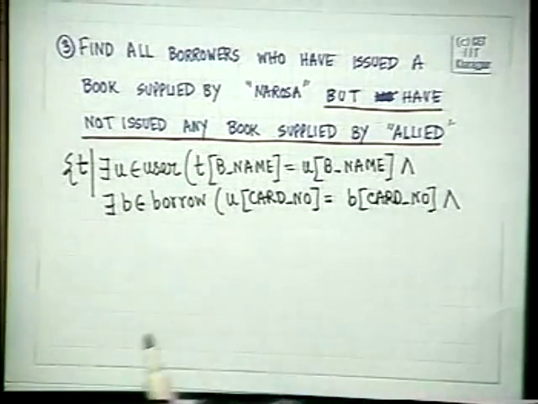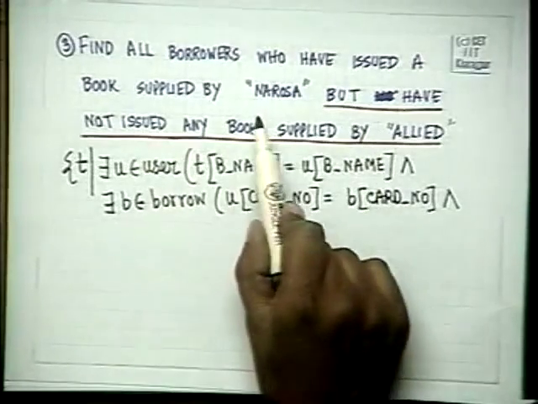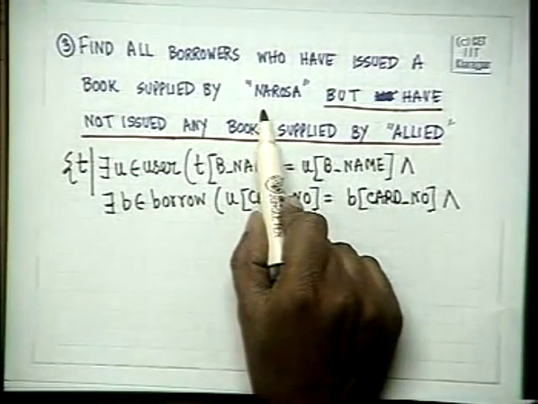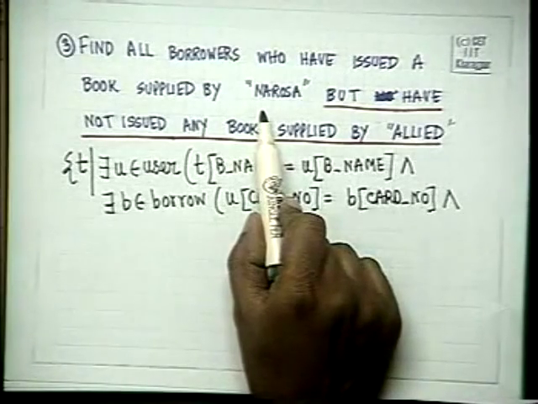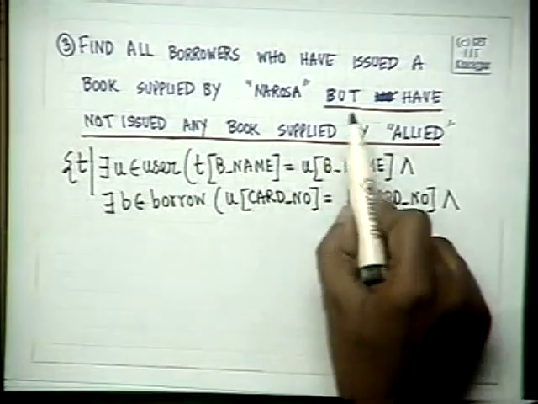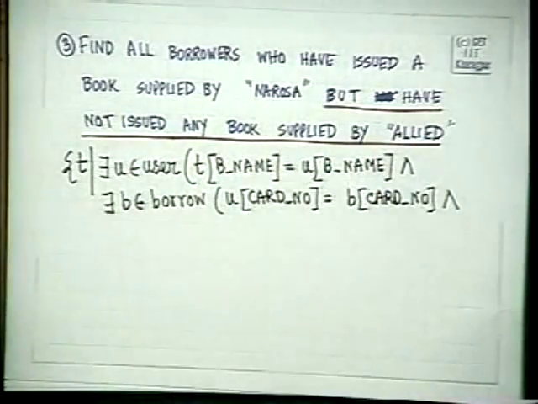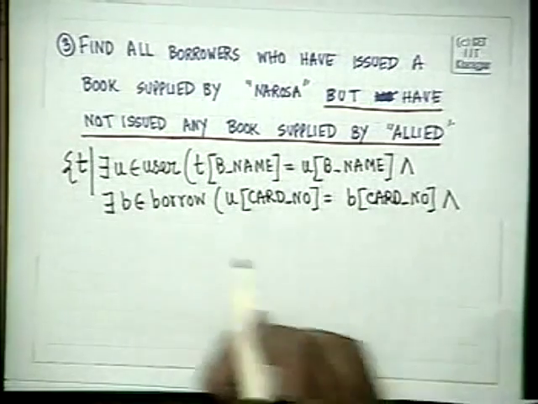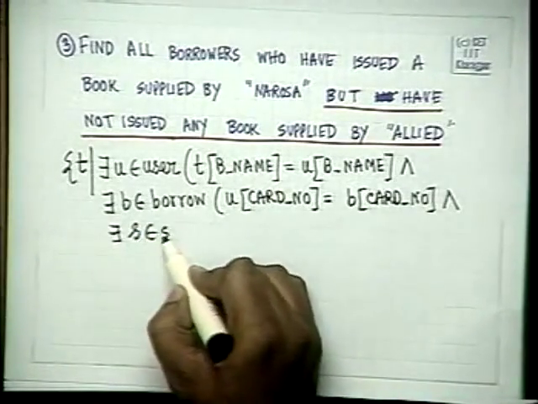now there must exist two things. Firstly, there must exist a supplier such that the book is supplied by Narosa. That is the first thing. And for all books, so this is the first part. The first part is all borrowers who have issued a book supplied by Narosa. So, and there must exist S element of supplier.